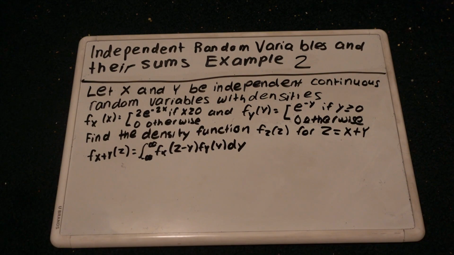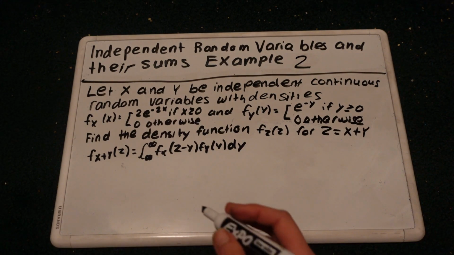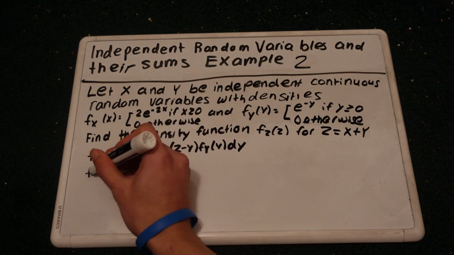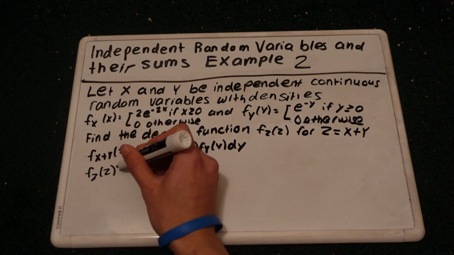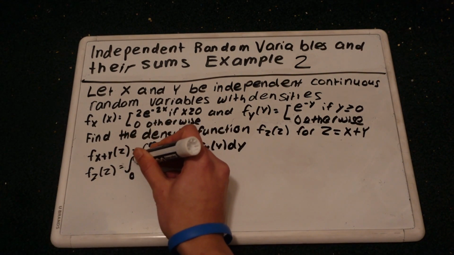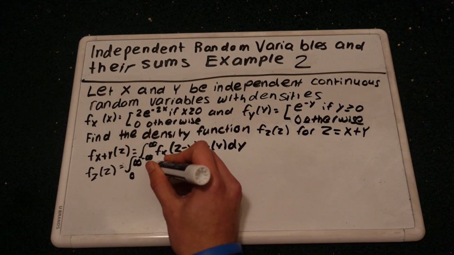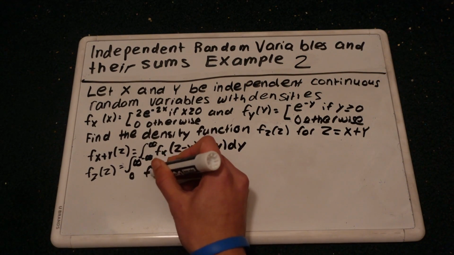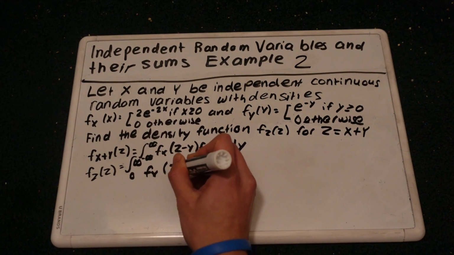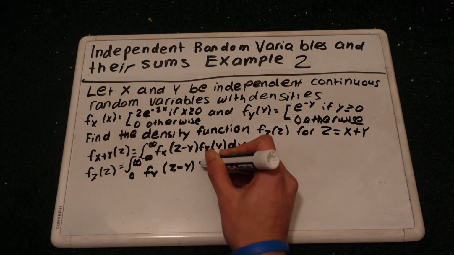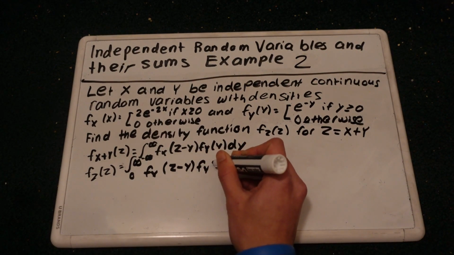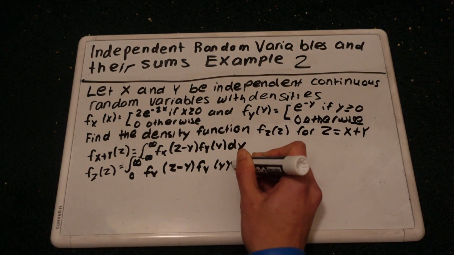So in this problem, we're trying to find the density function f of z for z equal to x plus y. In other words, let me write down f of z at z is equal to the integral from 0 to infinity of f of x of z minus y times f of y dy.